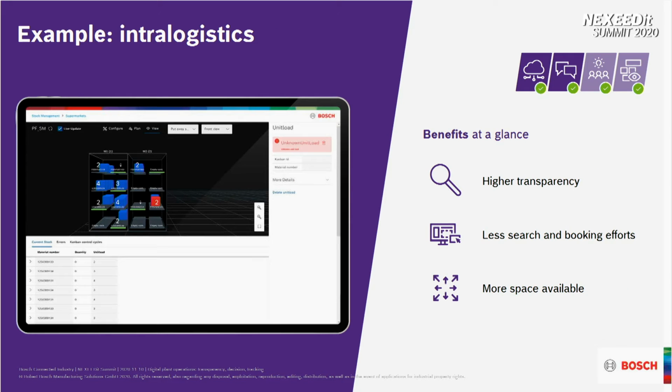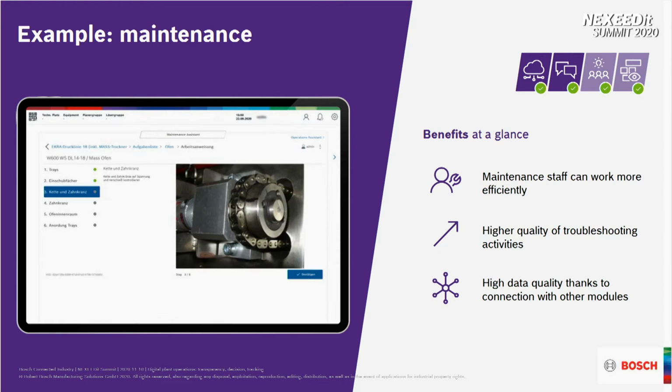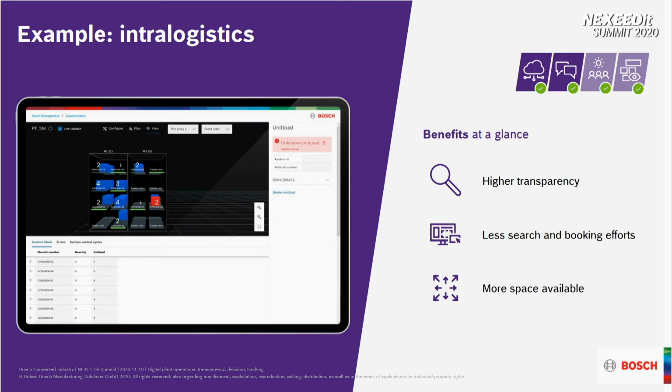Another good example for this is logistics. In this case, you see the current stock of material at a line close to your manufacturing line. The idea is that if you take a look at this picture, you understand whether you have the right stock in place to fulfill the requirements of the manufacturing guys.